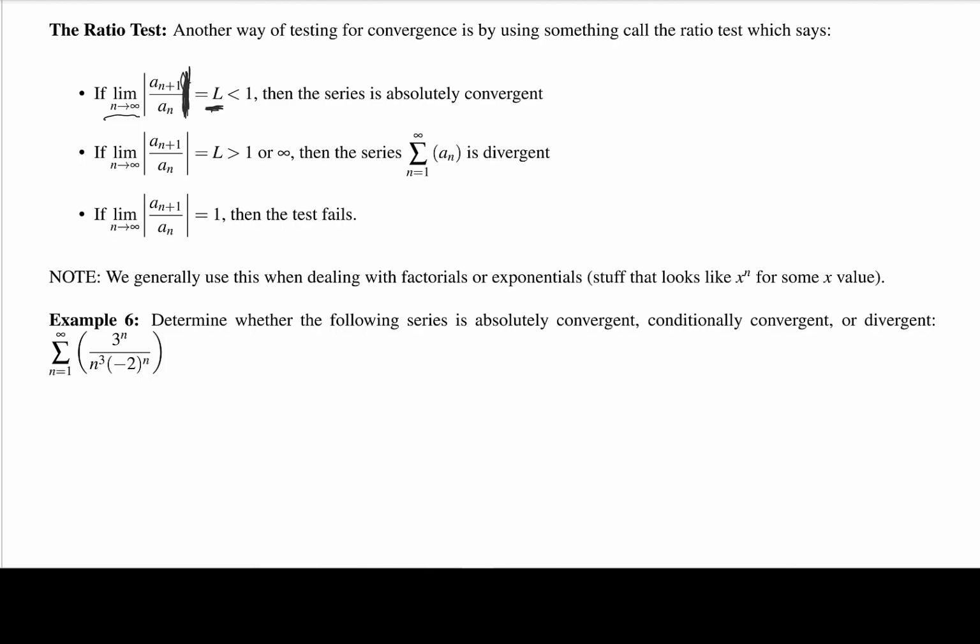Sorry, I made that really messy. We have an absolute value right here. So whatever this limit is, it certainly has to be greater than or equal to 0, right? It can't be negative because we have that absolute value. So we're just saying that L is less than 1, but of course it's going to be positive. So if we end up in a scenario like this, then we can say that the series is absolutely convergent.